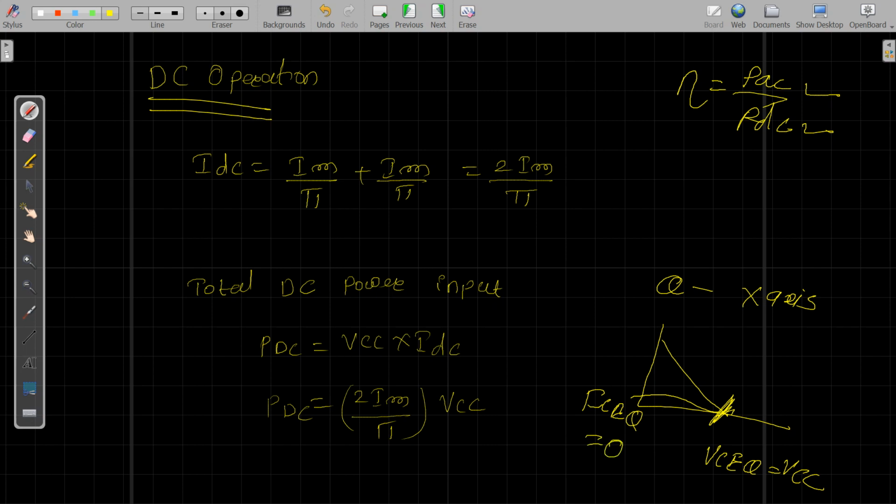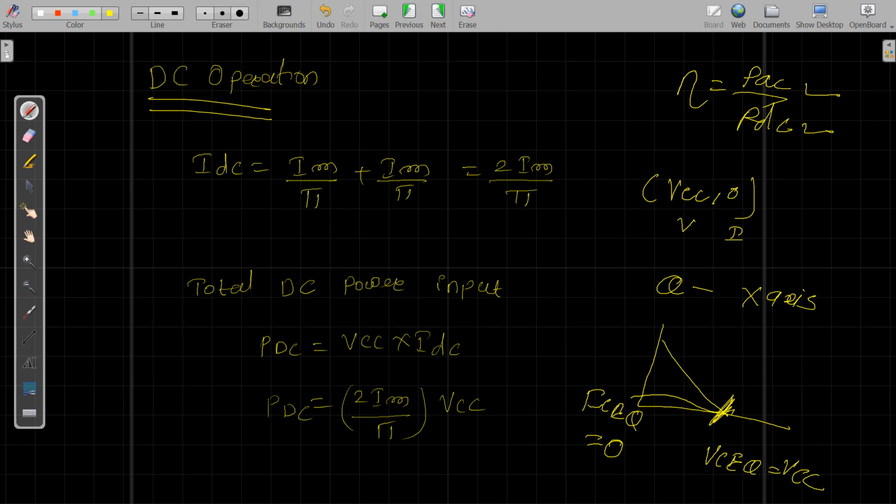That means the coordinates will be VCC comma 0, because the current is 0 and the voltage is VCC.